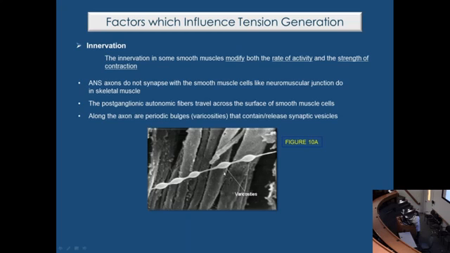You can distinguish here the axon, and this axon contains these periodic bulges that are known as varicosities. And it's in these varicosities that the synaptic vesicles containing the neurotransmitter are stored and released. Then the neurotransmitter has to diffuse in order to reach the adrenergic or cholinergic receptors that are dispersed over the entire surface of the smooth muscle cells.